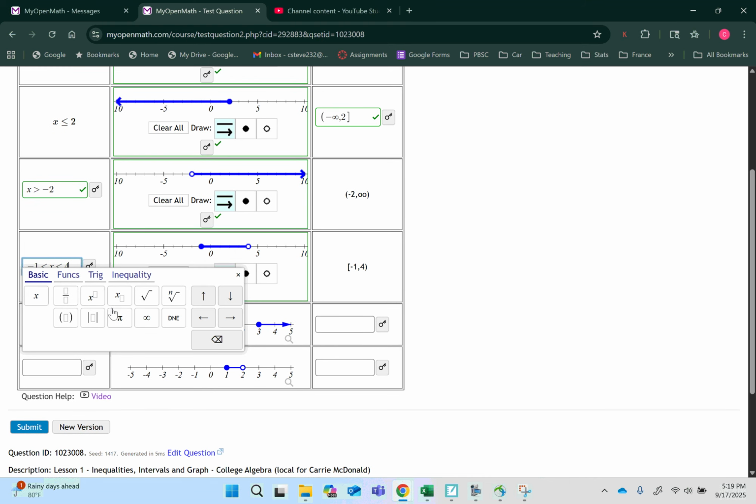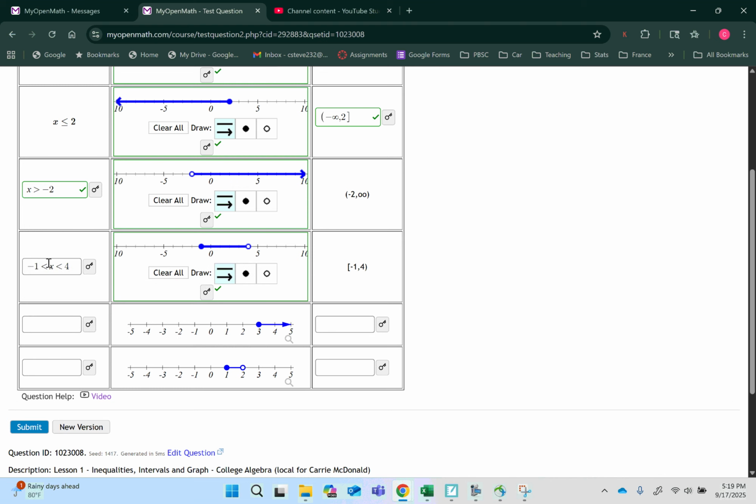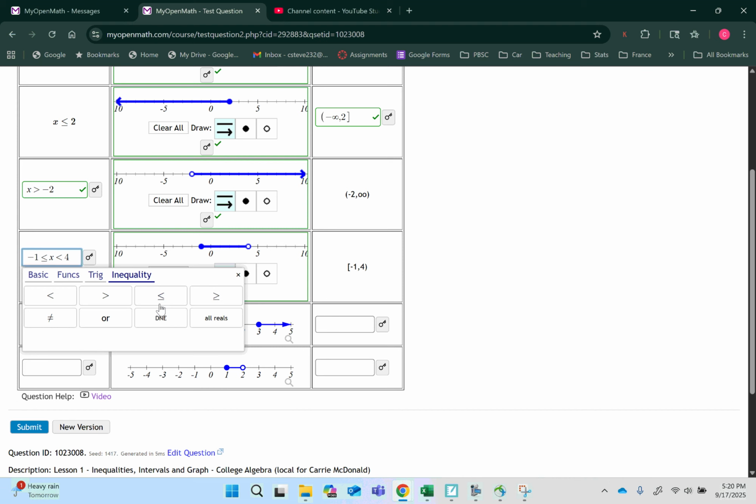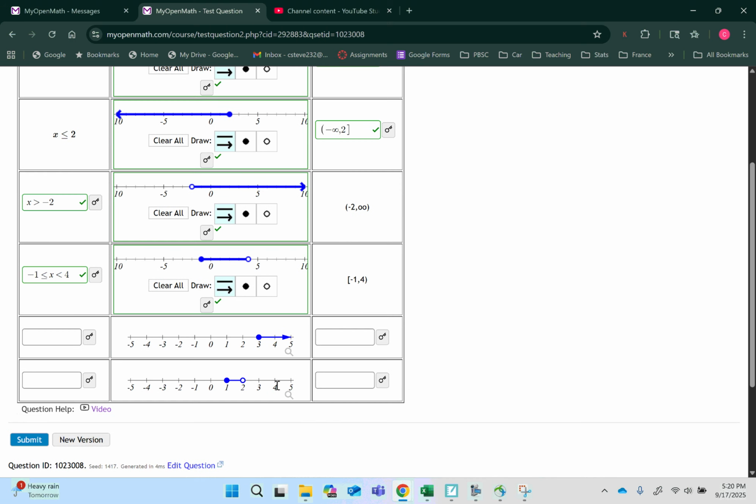But I did make a mistake there that I still have time to correct. And that's that I should have been using not the strict less than sign on the left-hand side. I should have been using the one with the equality condition on that side. Okay, so submit. Looking good.